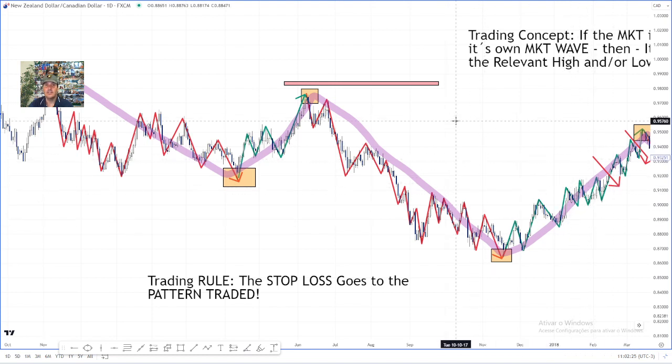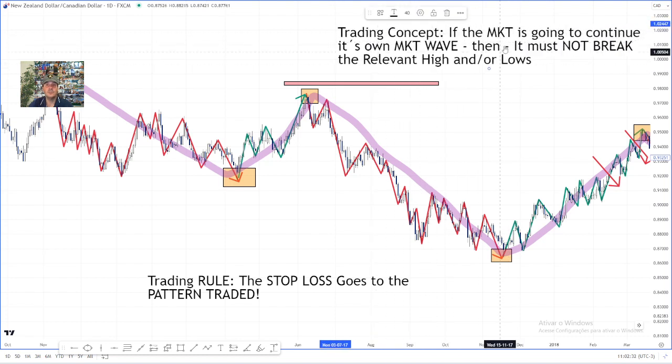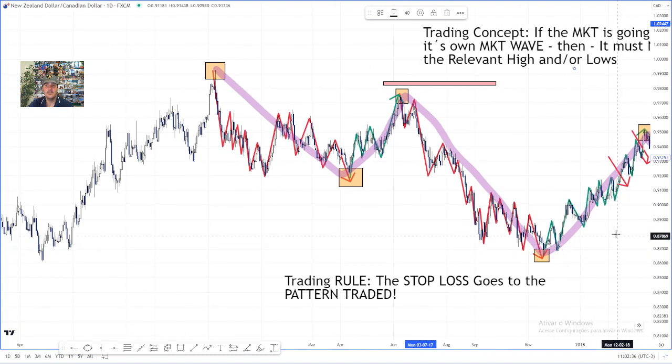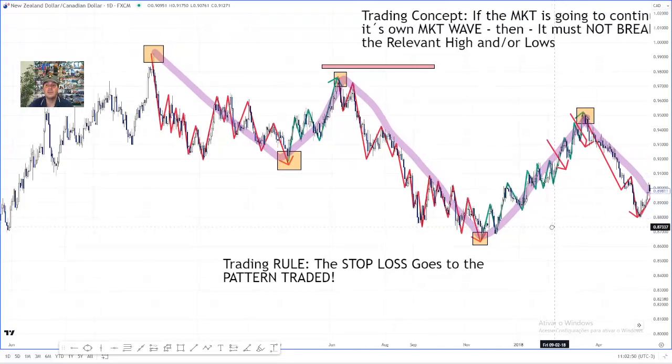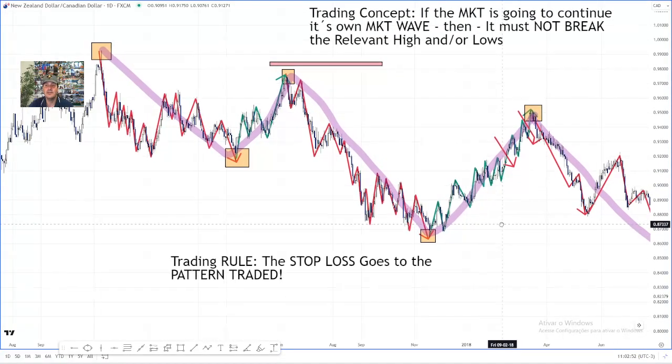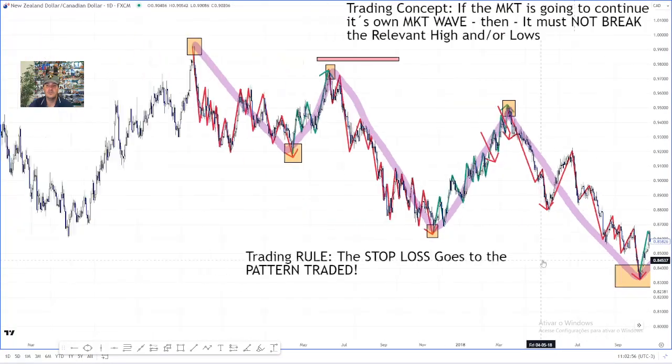Good news: if you put the stop loss on the market wave, because of this concept, you should be safe. Two traders entered in different positions, shorting the violet. This was the decision that they made, nothing personal, and the market sooner or later reversed, and it went down and down and down and up and down, and finally confirmed the new lower low.